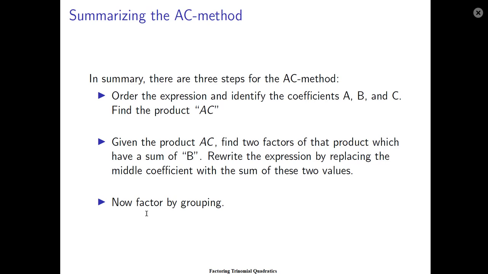This will allow you to factor by grouping. You will have an even number of terms. And factoring by grouping, you'll maybe have two steps to get that completed, and you should have your quadratic completely factored.